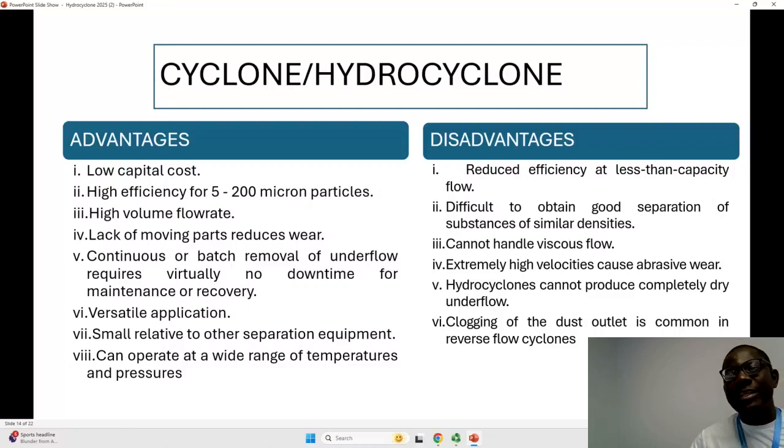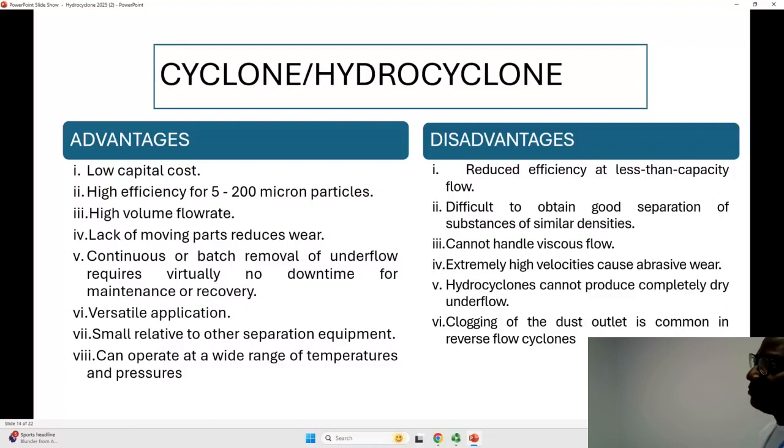And the disadvantages is that it reduces efficiency at lower capacity flow. So most times we use it for a larger operation. When you are dealing with small scale operation, it's not advisable most times.